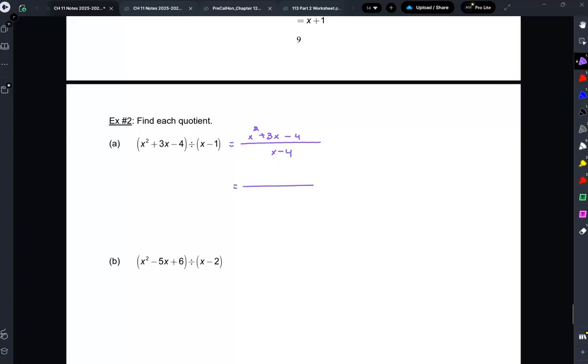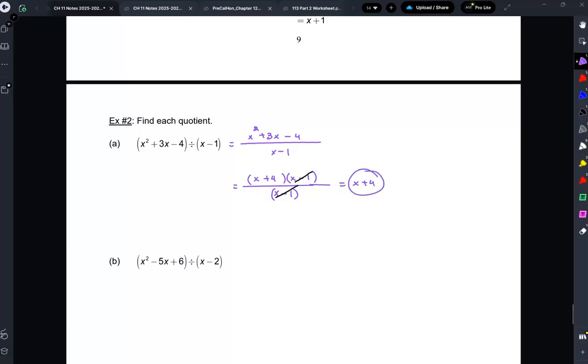Okay. So this will factor. I have x, what two numbers multiply to negative 4 and add to 3? Plus 4 and minus 1 over x. Oh, I'm sorry, this was supposed to be x minus 1. x minus 1. And now I can reduce, so I get x plus 4.